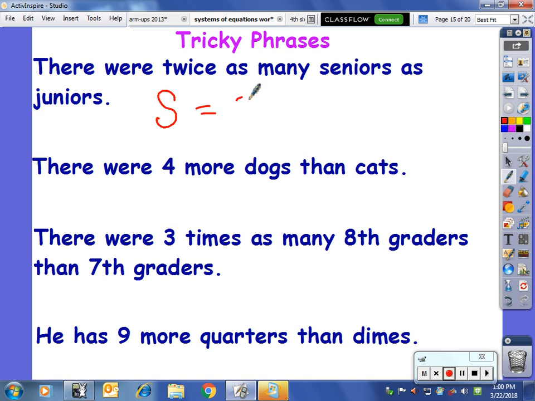It's S equals 2J. Okay, and some kids do want to put J equals 2S, and that's backwards.